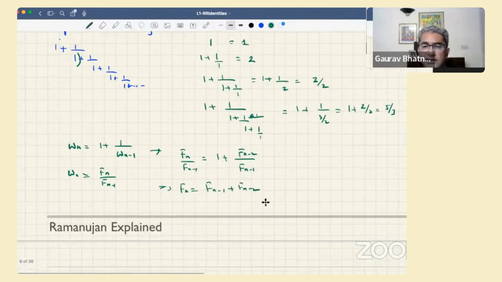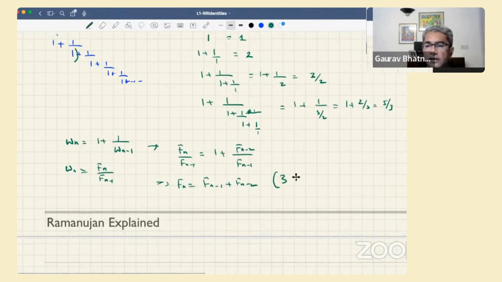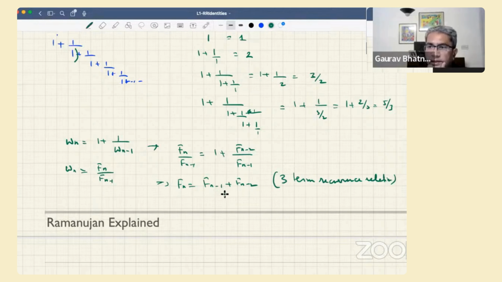So it gives a recurrence relation. This is called a 3-term recurrence relation. This is very familiar. So we begin, let's say F0 is 1, F1 is 1, then the next is 2, then the sum of the previous 2, 5, then 8, then 13, 21.